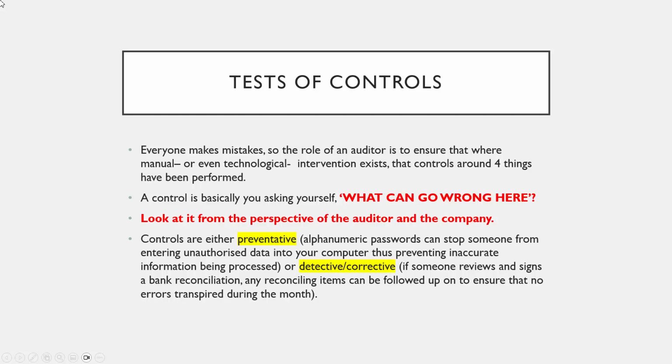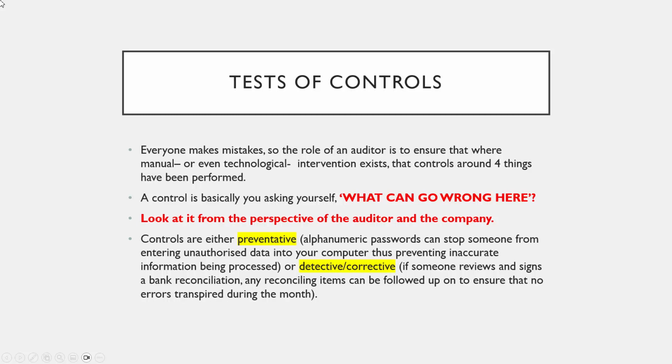And a detective control is one where there's a bank reconciliation being prepared by the financial accountant. The financial manager reviews and signs the bank reconciliation as evidence of reconciliation being reviewed and follows up on any reconciling items. So that's how you would detect if there's a misstatement.